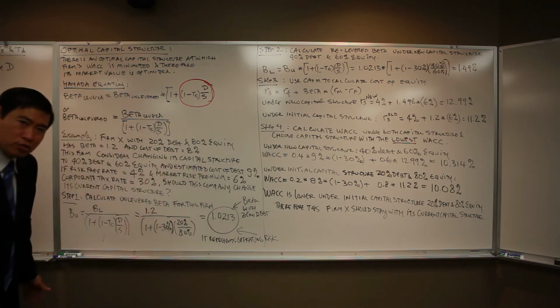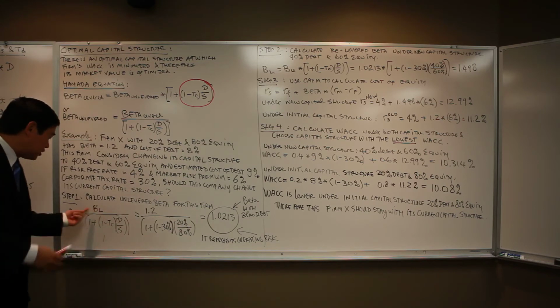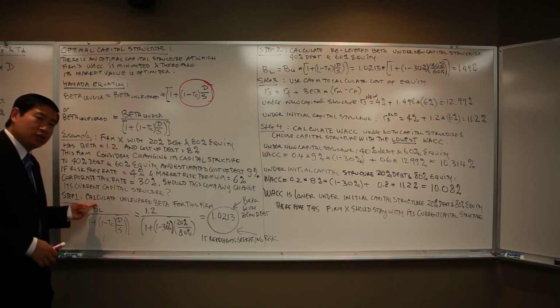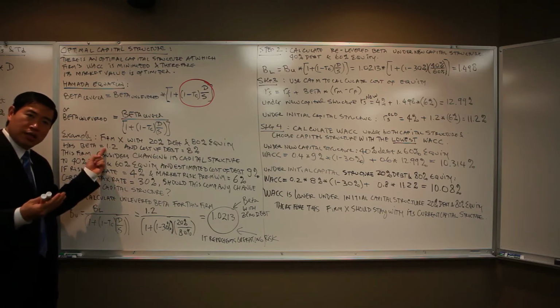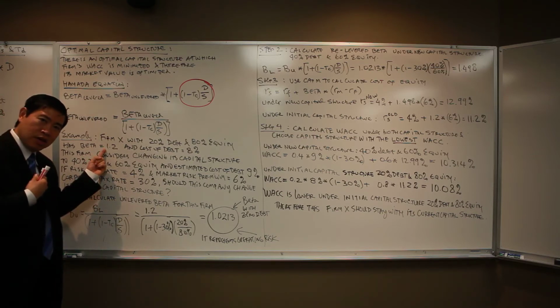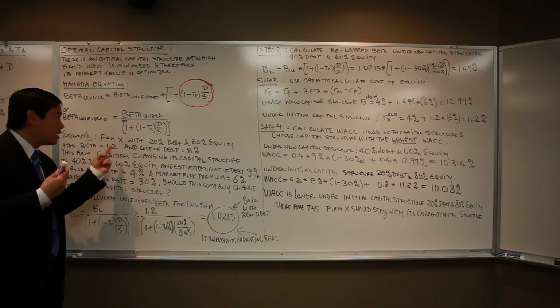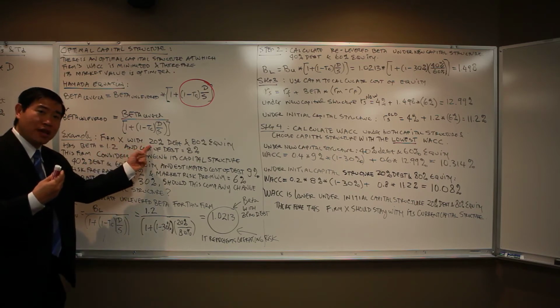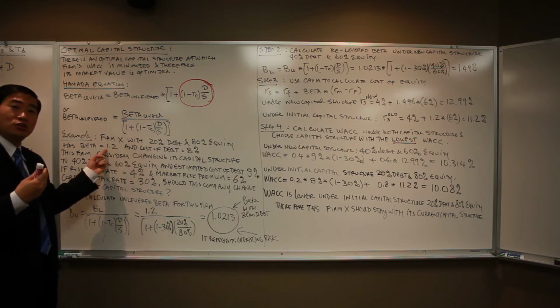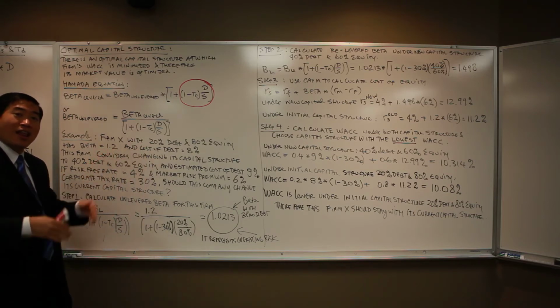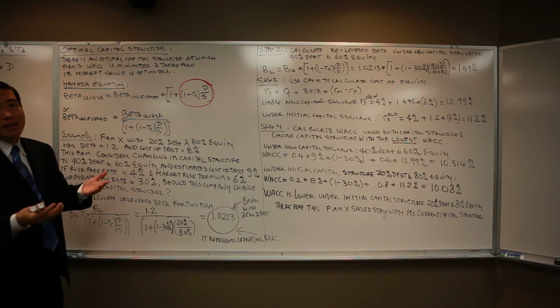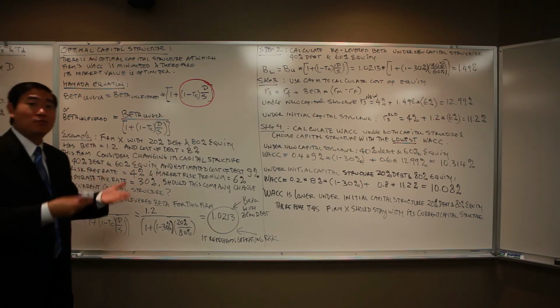So what do we do for this problem? The first step of this calculation is to look at this beta of 1.2 that is given to us in the problem. Is that the beta for a levered firm or an unlevered firm? Since there is a debt of 20%, this 1.2 should be the beta for a levered firm, right? Levered beta is basically the beta for a firm with debt.